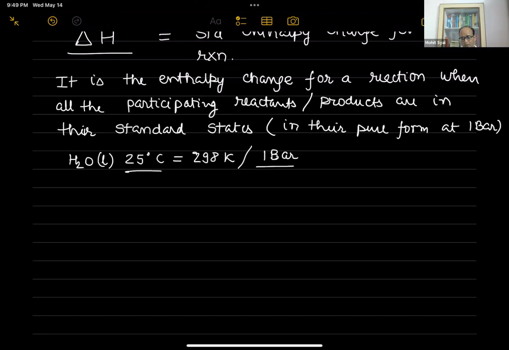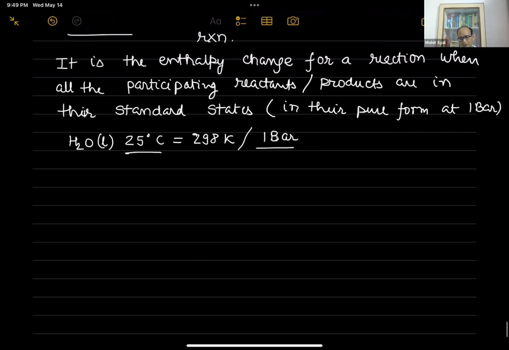So that is known as standard enthalpy change for a reaction. Standard enthalpy change is the enthalpy change for a given reaction at 1 bar pressure and 298 K. So that is the value which you use for the comparison.